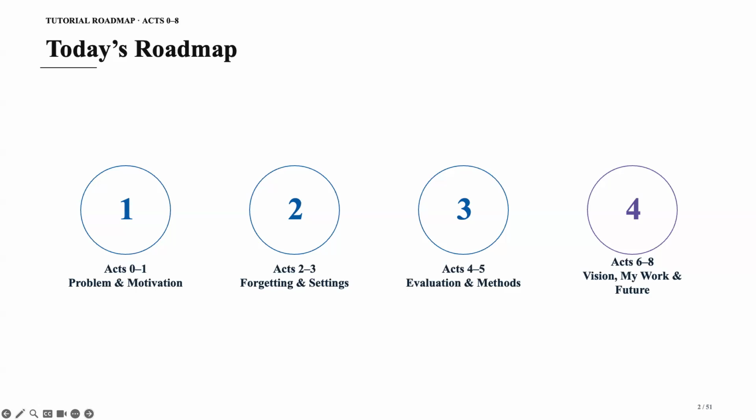Third, have a simple way to read continual learning methods and papers. Fourth, know what to check when evaluating the results. And finally, see how continual learning connects to visual tasks and various tasks. You don't need to remember everything. Just focus on the parts that are useful to your own domain.